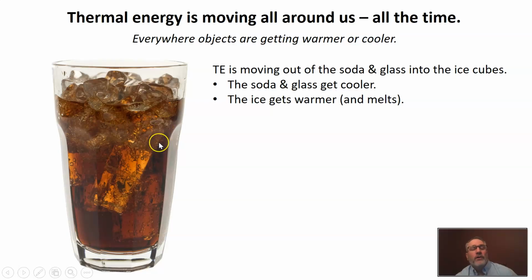Of course, this is also going to make our glass cooler, and the ice is going to get warmer. So in this example, the soda and the glass are getting cooler because thermal energy always flows from warm to cooler areas, and the ice itself is going to get warmer and eventually melt.